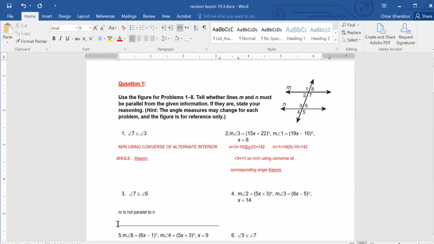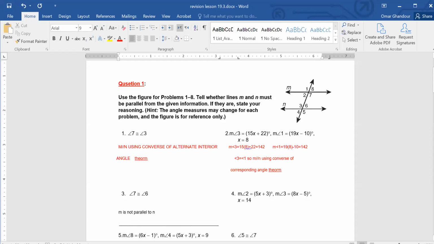Okay, very well. Let's go to question 4. Just a hint before we go to number 4: angle 7 and 6 should be supplementary, right? So this is not sufficient information, but only if something happened. If angle 7 was 90, angle 6 would be 90 because 90 plus 90 is 180. Only in this case, angle 7 will be congruent to angle 6 because both are 90, and both will also be supplementary.